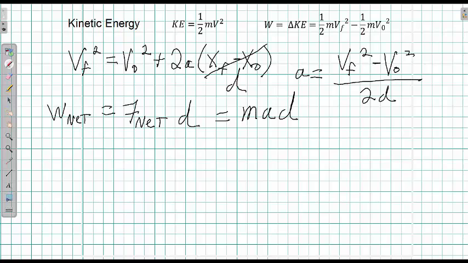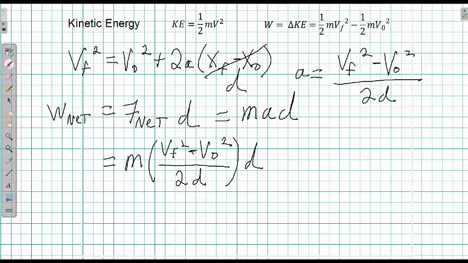That's where we're going to use the acceleration. So let's plug this in. Our net work is going to equal mass times v final squared minus v initial squared, all over 2d, times our distance.